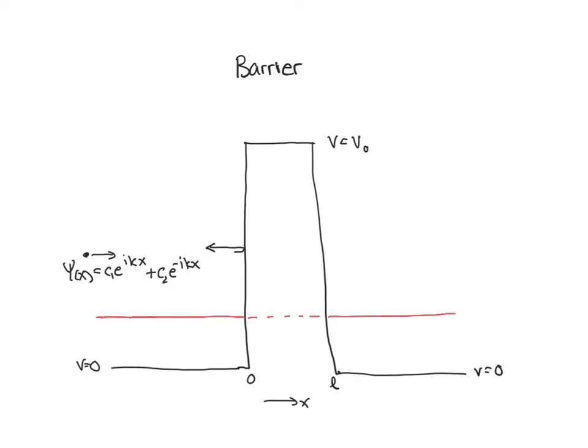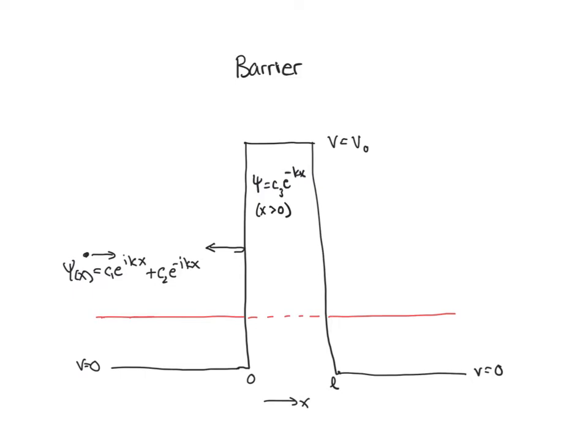Inside the barrier, I have a wave function that is e to the minus kx, and I have to use the minus kx because my x's are greater than 0, and if I used e to the plus kx, that wave function would go to infinity in this region. That's not an acceptable wave function. So inside the barrier, I still have a probability that my particle exists.